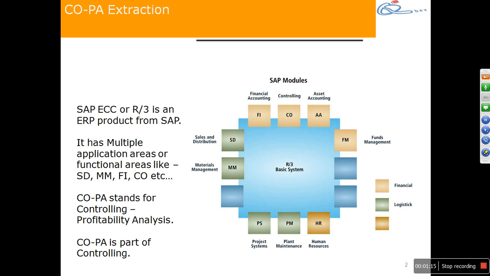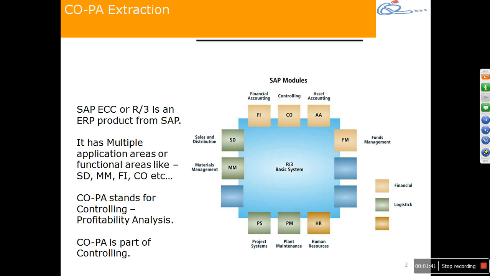Finance will have sub-modules like AP, accounts payable, accounts receivable, general ledger, asset accounting, special ledger. CO would have sub-modules like cost center accounting, product costing, overhead costing. And there will be one more thing called COPA, profitability analysis. So COPA data is actually a sub-module of controlling in finance.